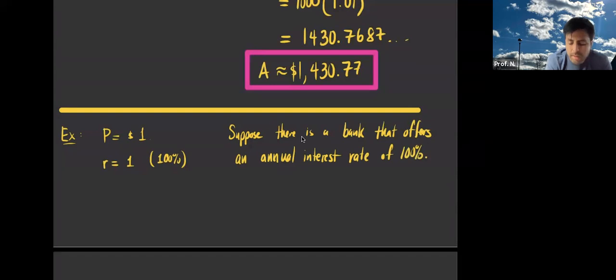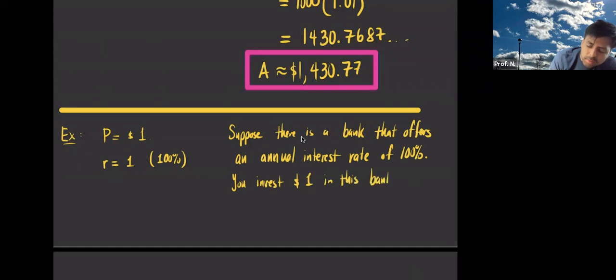Suppose you start out by investing $1 in this bank for 1 year. So the t value is also 1.